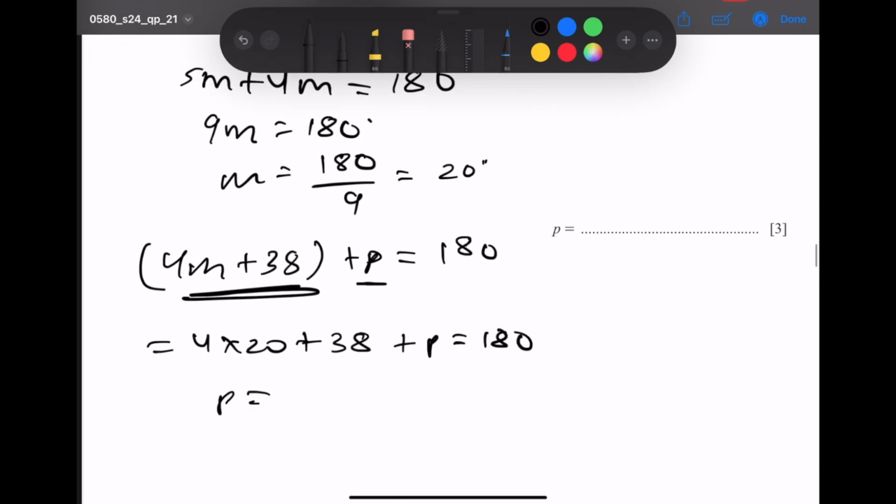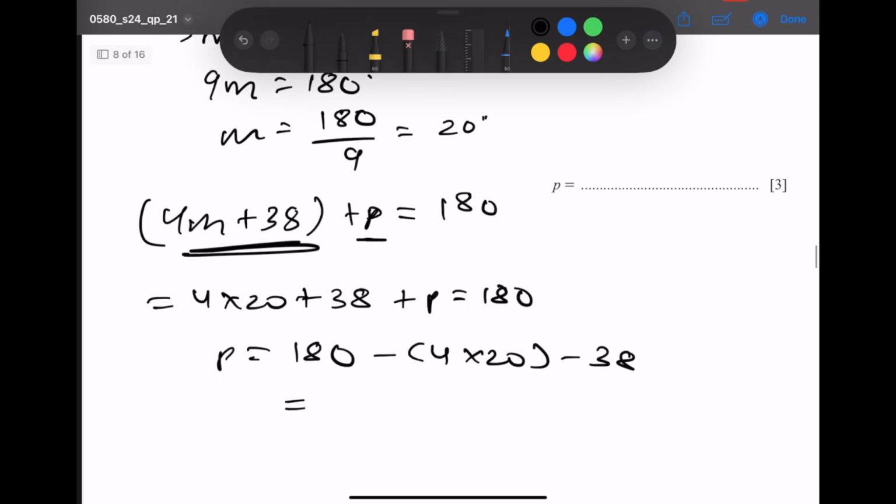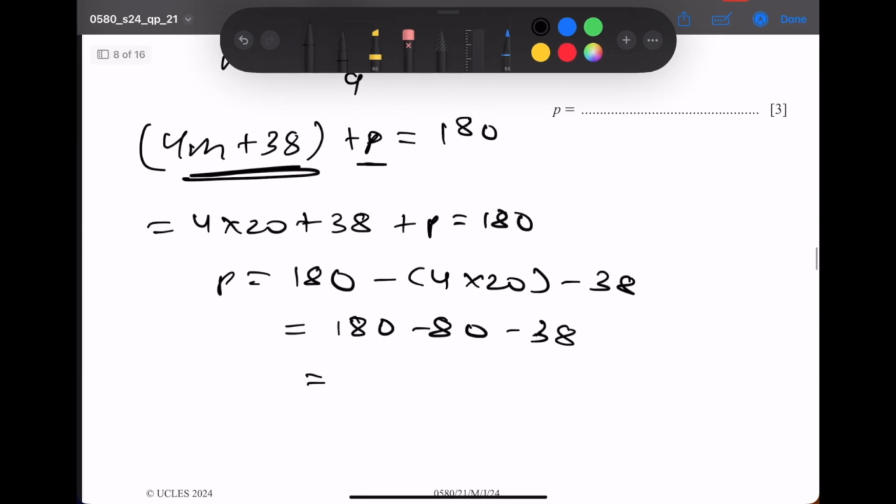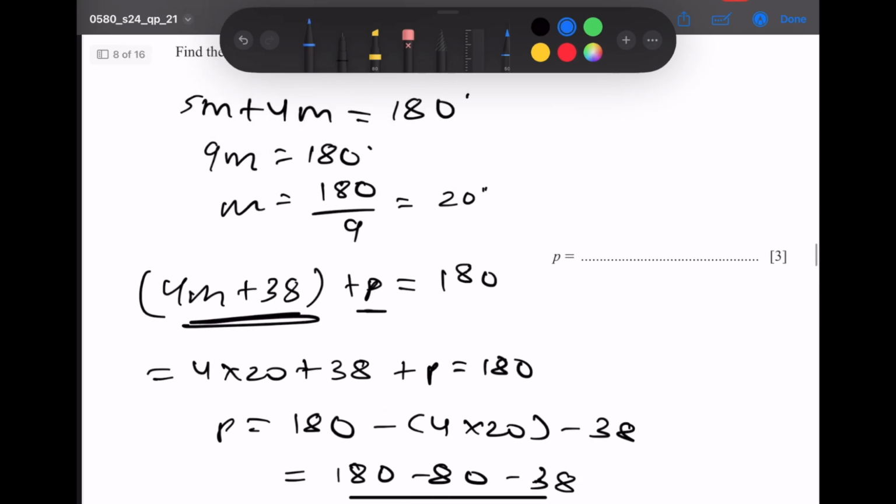So p is equal to 180 degrees minus 4 times 20 minus 38, which is equal to 180 minus 80 minus 38, which is equal to 100 minus 38, which is equal to 62 degrees. So that's your value of p.